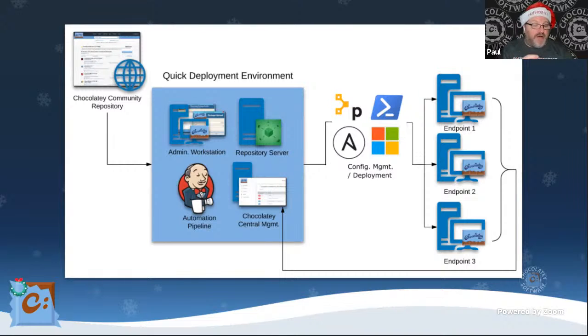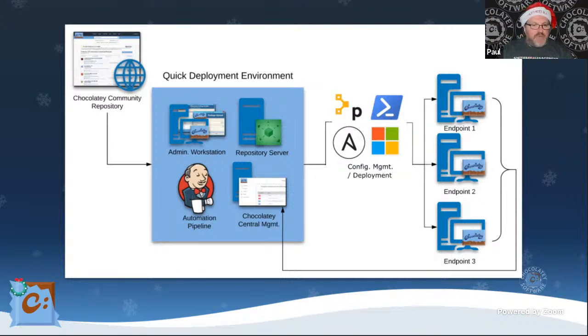By right-clicking on an executable or an MSI or some other installer that's part of the huge Windows ecosystem, Chocolatey will then create a package from that. Once that package has been created, you can then upload that to your repository server, which is on the right there. So that's your private internal repository, and then your endpoints on the right-hand side will be able to consume those packages in a way that we're going to talk about in just a second.